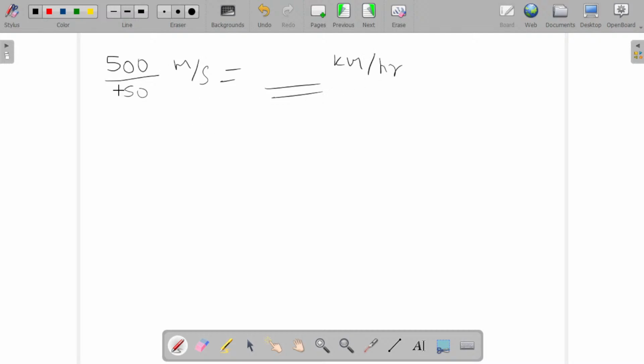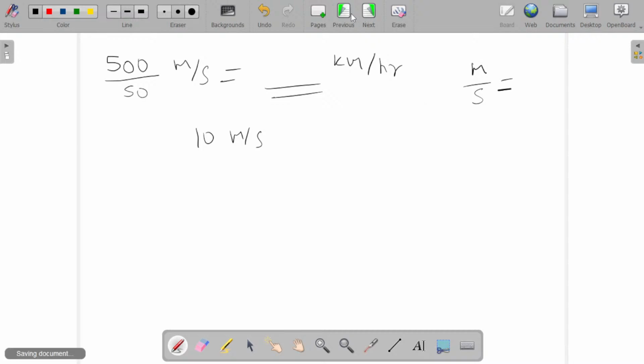So if given in this form, then we don't need to be confused, just divide it. 500 divided by 50 will be 10 meter per second. So we just use the formula we derived previously.